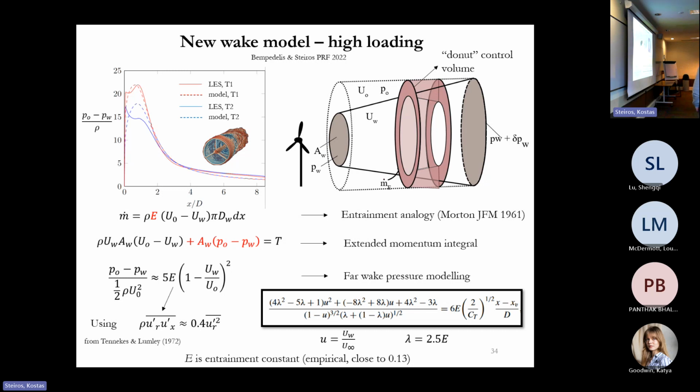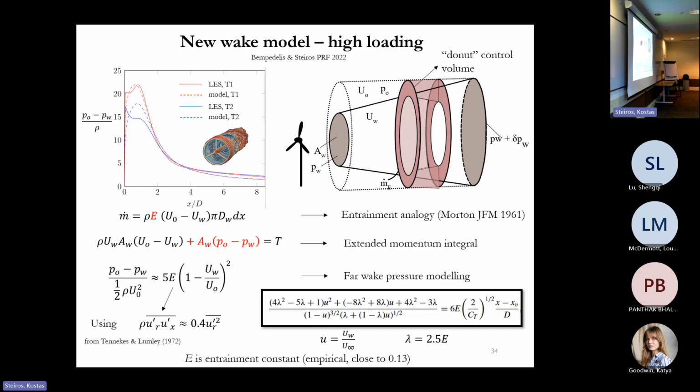Of course, it is a very simplified representation of a very complex problem, but we are not far from what happens in reality. For the accuracy that we consider in wind energy applications, it is quite accurate, at least after 1 or 2 diameters downstream, which is the region we are mostly interested in modeling.